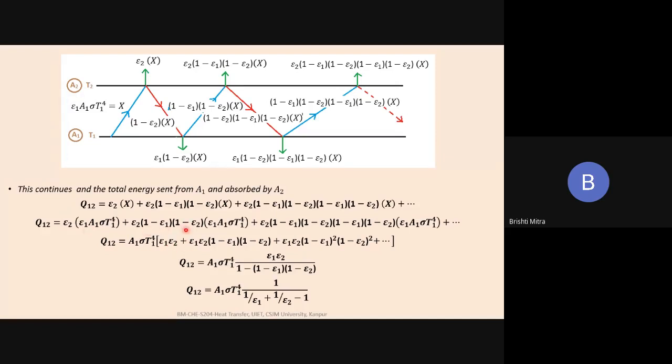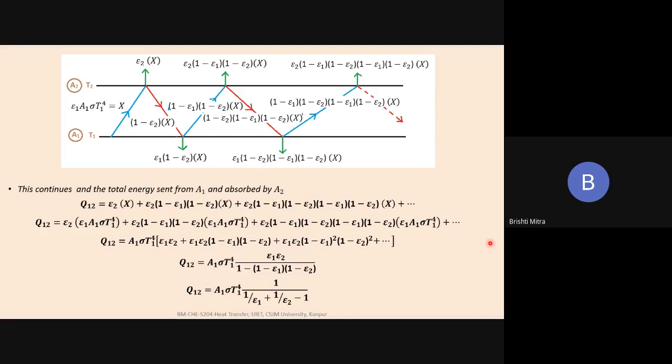For the second one, we are left with epsilon 1 epsilon 2 into 1 minus epsilon 1 into 1 minus epsilon 2. From the third one, what we are left with? Epsilon 1 epsilon 2 into 1 minus epsilon 1 square into 1 minus epsilon 2 square, plus the next term would be epsilon 1 epsilon 2 into 1 minus epsilon 1 cube into 1 minus epsilon 2 cube. So this will be an infinite series.